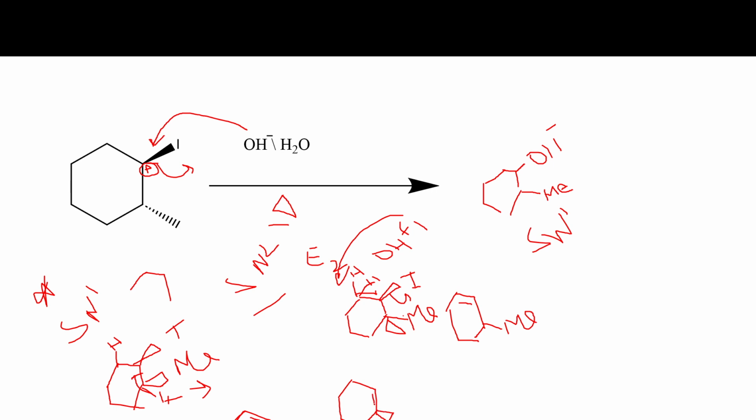It's also possible. For SN1, in both cases, only this one, and when the methyl is up, in these cases the SN1 product and SN2 product will be this, with OH minus down.